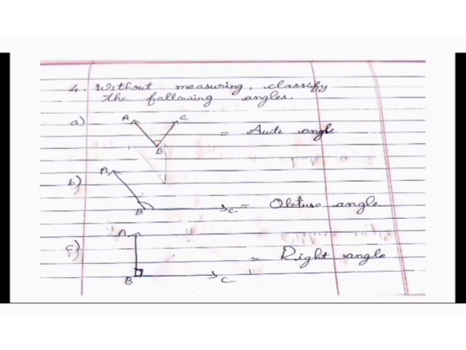And the next one: it is more than 90 degree but less than 180 degree, so it is called an obtuse angle. And the next one, how many degrees can you identify? Yes, 90 degree. So 90 degree is called a right angle.